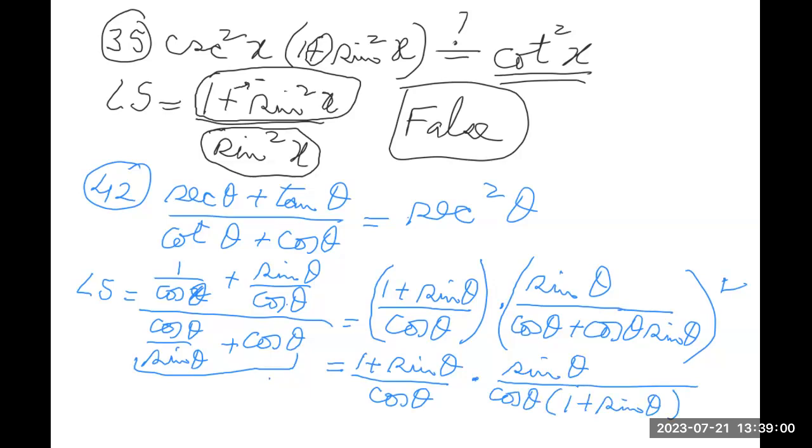And then you can cancel this factor of 1 plus sine theta with the 1 plus sine theta there. So that makes this simply sine theta over cosine squared theta, because you have two factors of cosine.